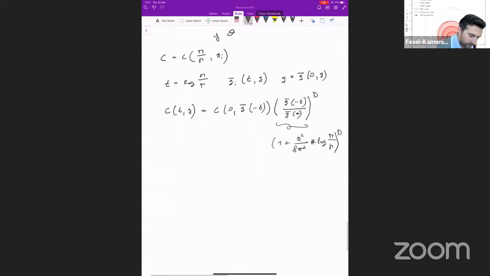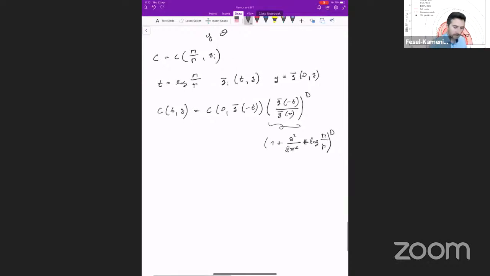So to summarize this procedure of integrating out heavy fields and constructing EFTs, it involves 2 steps. The first step is to compute the Wilson coefficient C at 0, which is also called the matching step, and this involves only calculations done at the heavy scale m of heavy degrees of freedom.